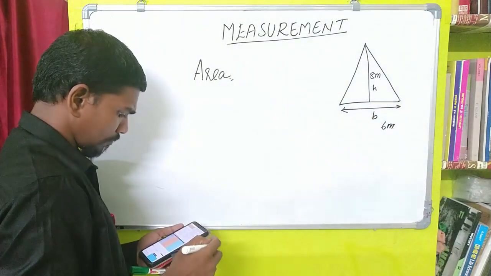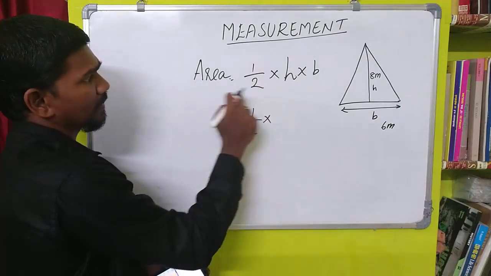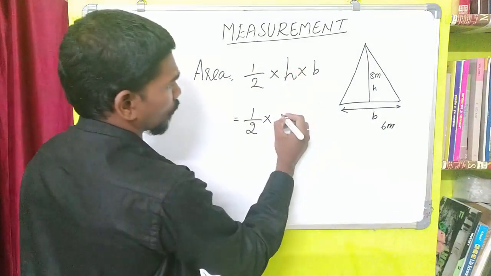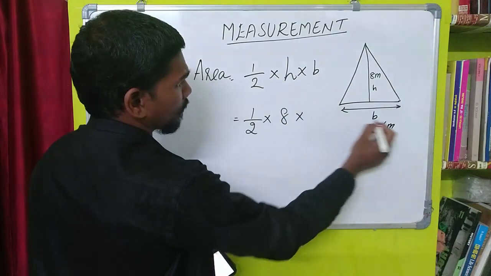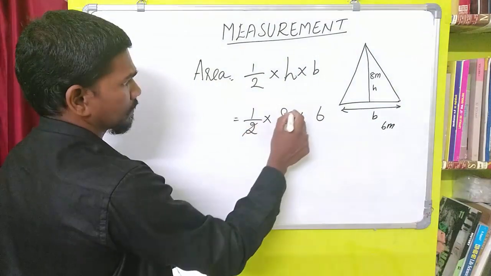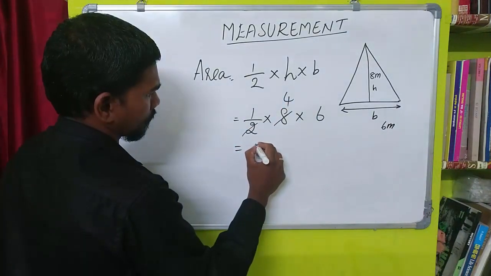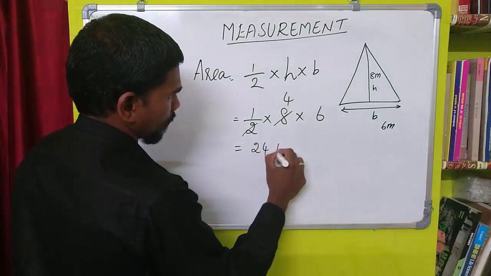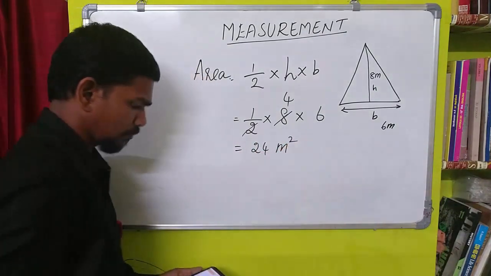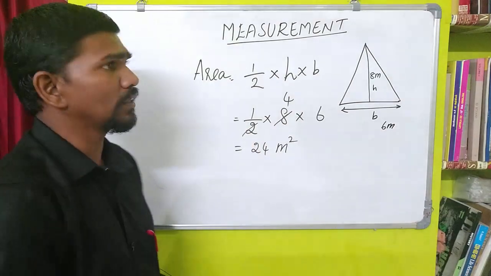What is the formula for the triangle's area? Area of a triangle is half into H B. H is equal to 8 meter. Then B, breadth or base, is equal to 6 meter. You can cut, and we get 24 meter square. Like that you can find the area of the triangle.